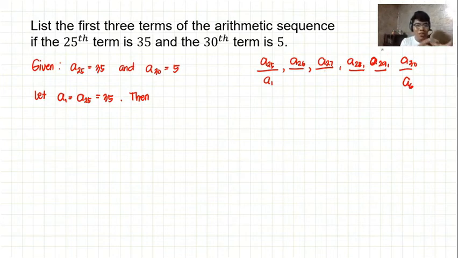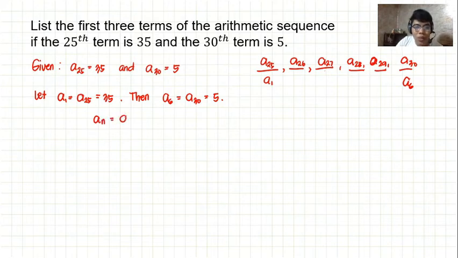So from this assumption na A sub 1 equal to A sub 25, magkakaroon ako ng A sub 6, which is my A sub 30 equal to 5. Okay? Now, using this information now, take note that we have this formula A sub n is equal to A sub 1 plus n minus 1 times D. Okay?